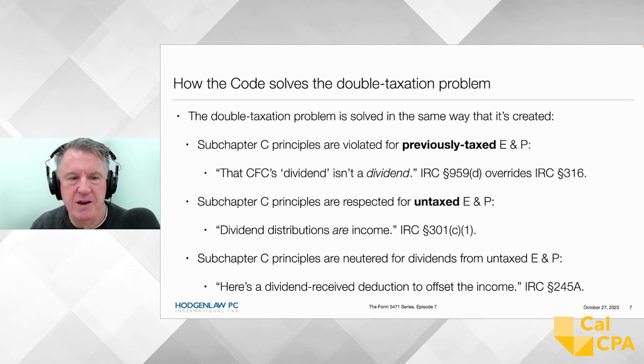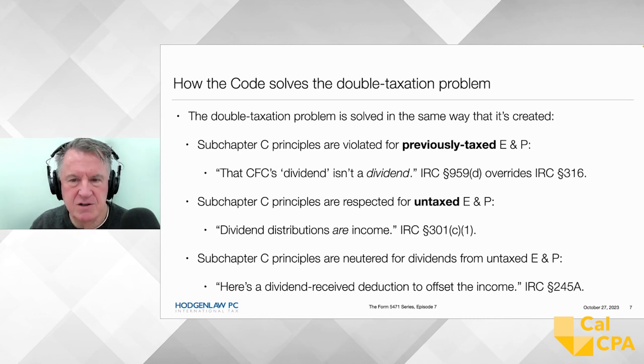If you get a dividend, in quotes, a distribution from earnings and profits from a CFC, it's not a dividend. And if you look at Internal Revenue Code section 959(d), it basically says that in so many words. This ain't a dividend. So therefore you don't bring it into income as dividend income for the shareholder. So it's an explicit override of section 316, which defines what a dividend is.